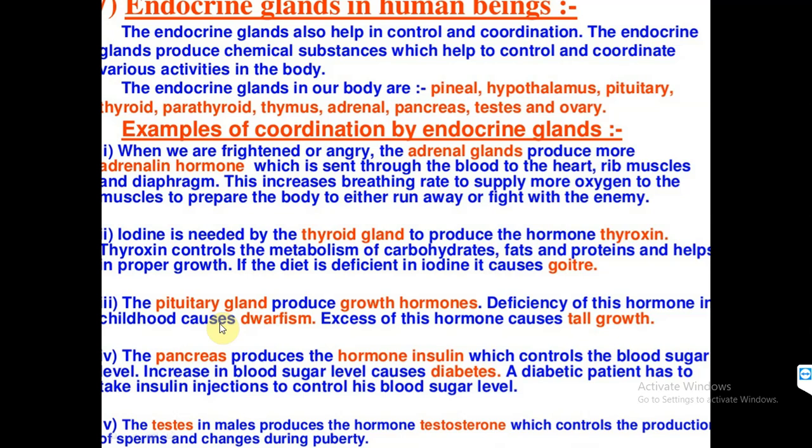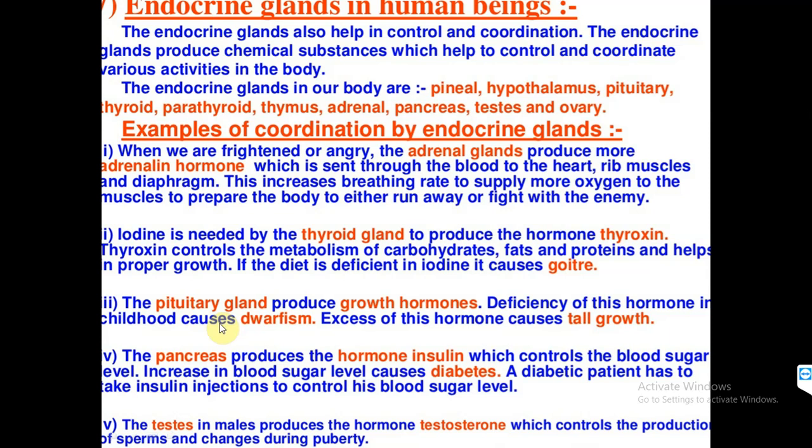The second function: it controls the excretion of water from the kidneys and the contraction of muscles of the uterus. During the delivery of a child, contraction of the uterus is required, and the pituitary gland helps in that function. Another function is excretion of water from the kidneys. During urination, which hormone is acting? The pituitary gland.